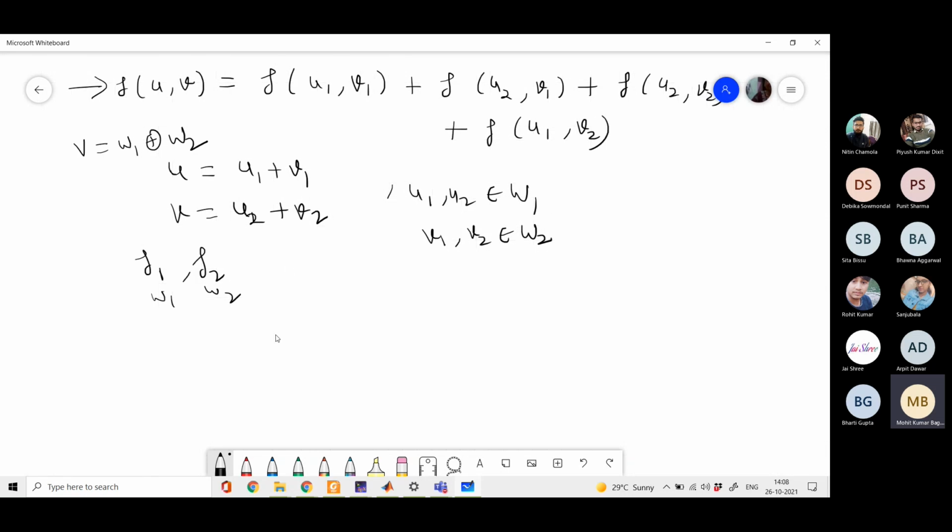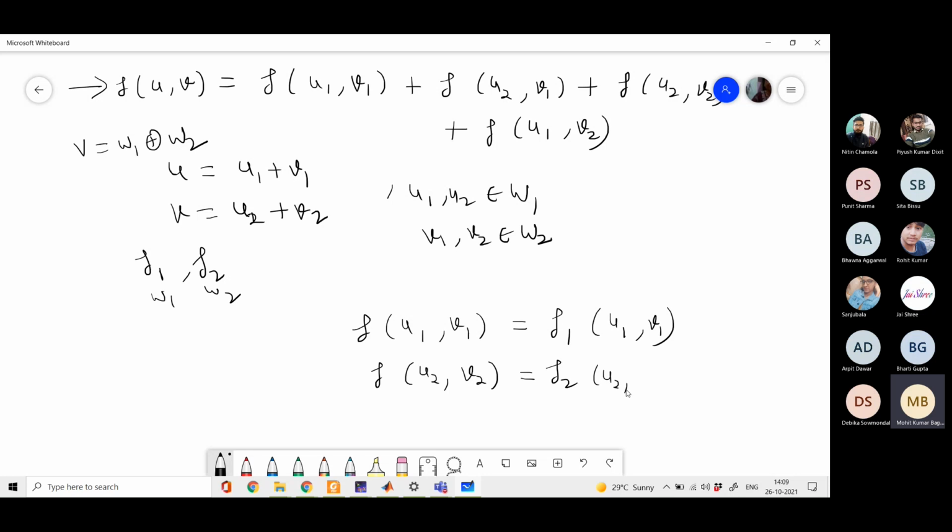So how can you do that? This is easy, right? You can make this assignment: f of u1 v1 is equal to f1 of u1 v1, and f of u2 v2 is f2 of u2 v2.